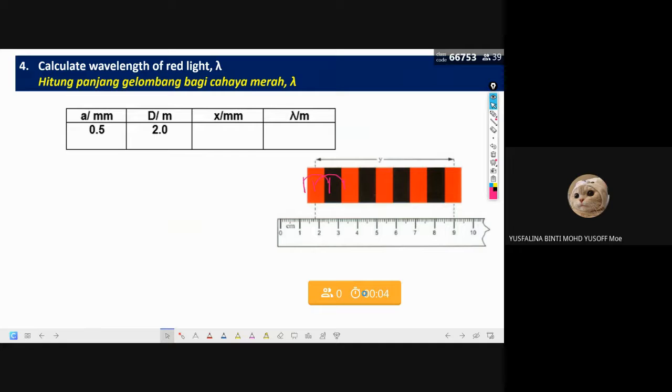Where are the X and the lambda? If you have any question, just ask in the chat. Don't need to wait for me. This one also uses lambda equals AX over D.